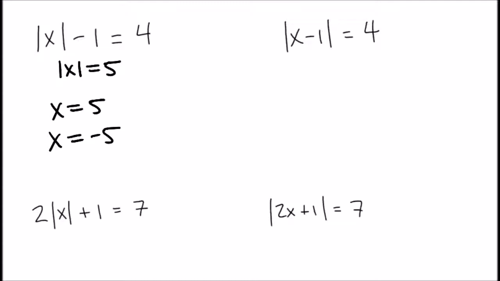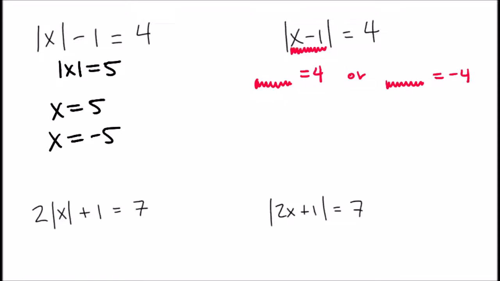This one, on the other hand, I've got something interesting going on inside of the absolute value. So what I think is, this thing here that I've underlined with red squiggly lines needs to equal 4, or maybe that thing could equal negative 4.